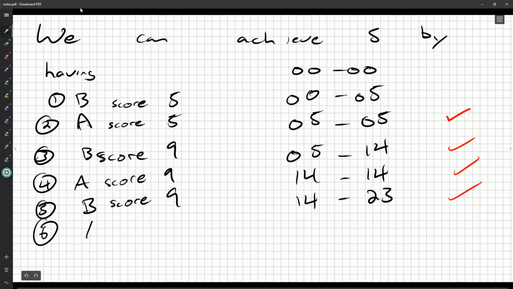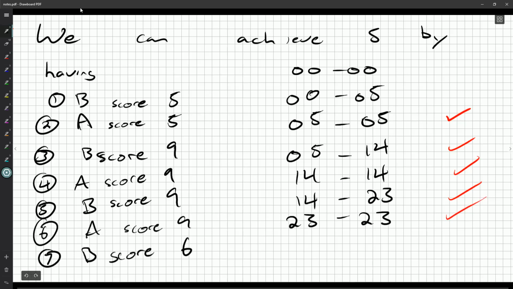And then A scores 9 again. 23, 23, and that gives me a 5th one. There we go. And that's the most that I could ever do, and then we'll just let B win the game. B scores 6. So that's 23, 29, the end of our game. It doesn't have to be the end of your game, but there we go. So 5 times is the most, and we can actually achieve that number.